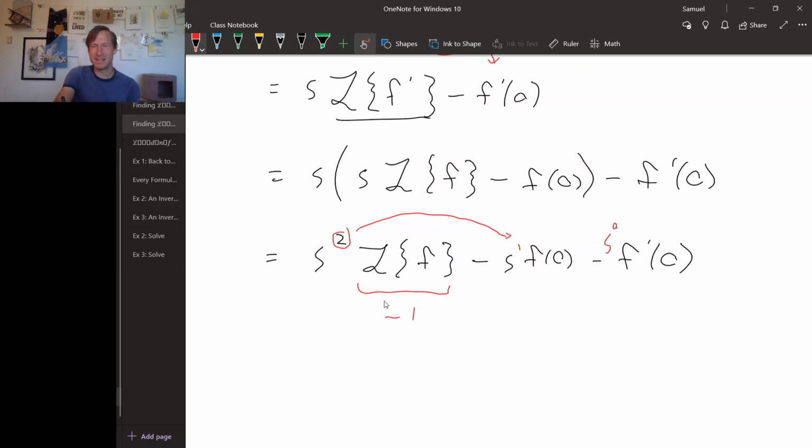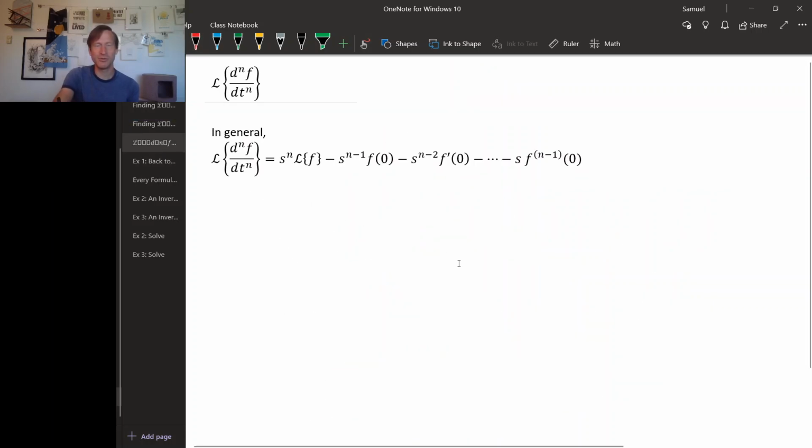So then in the next term along, we get the 0th derivative of f, which is indeed what f is, and then the first derivative of f. So again, you start with the Laplace transform and the nth power of s. Why don't we look at the full formula here?